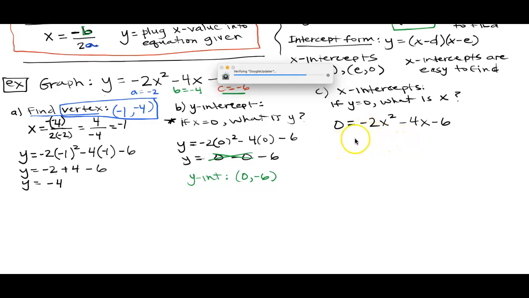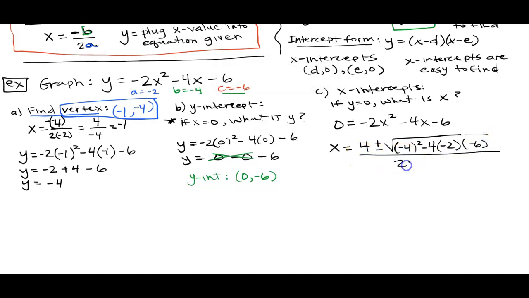All right, so let's go ahead and put it into that quadratic formula, so x equals negative b, or the opposite of b, so it's going to be positive 4 plus or minus the square root of b squared, so negative 4 squared, minus 4 times a, which is negative 2, times c, which is negative 6, all over 2 times negative 2.